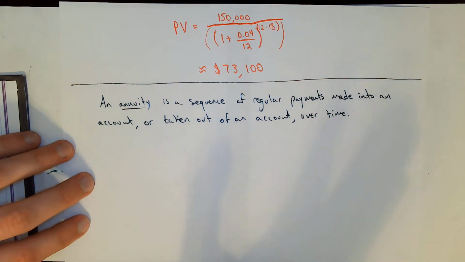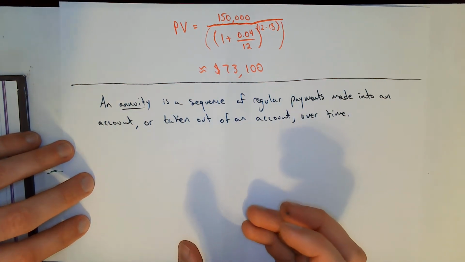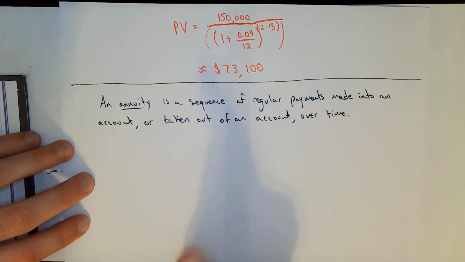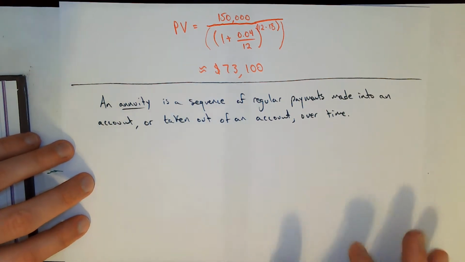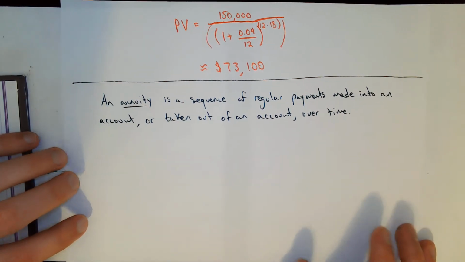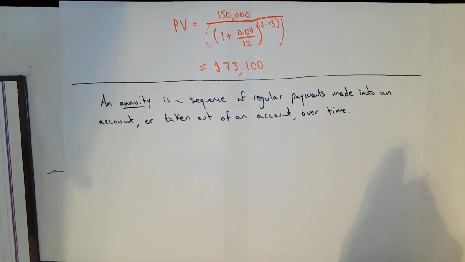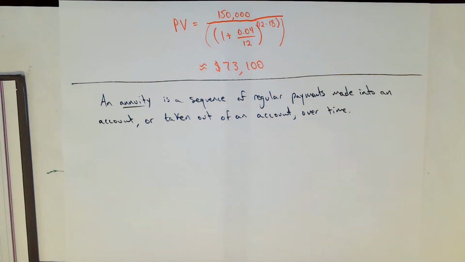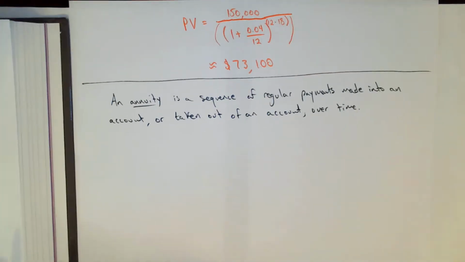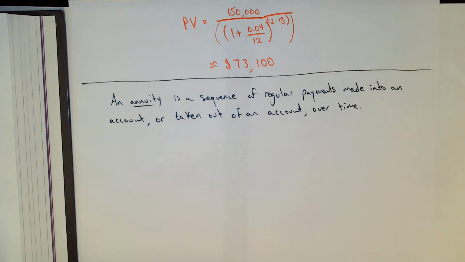So the best thing to do is obviously to have a large lump sum of money to put in there so that it starts gaining interest immediately, but then to also make regular payments to increase the amount in the account even more. I don't think I need to explain how that would be a good idea.